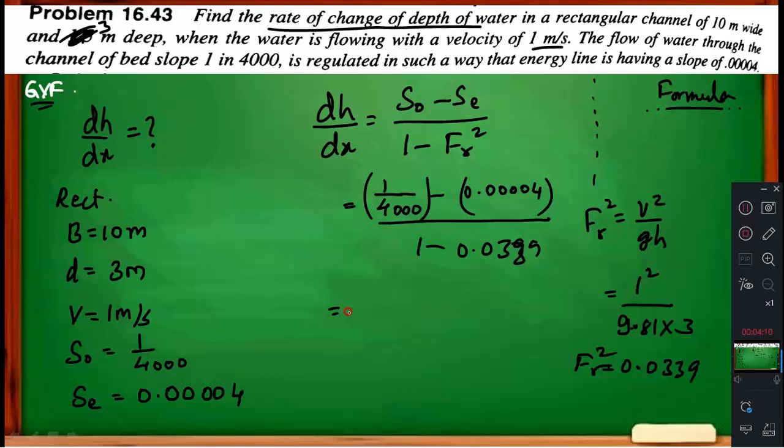The answer I got here is 2.173 into 10 raised to minus 4, or you can write 0.000217. This is your dh by dx.